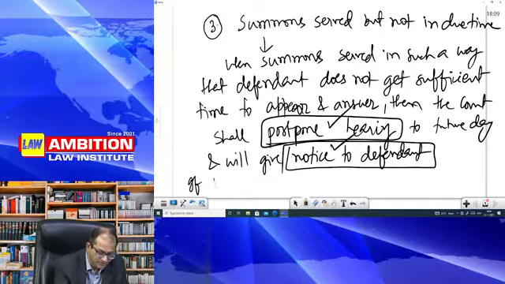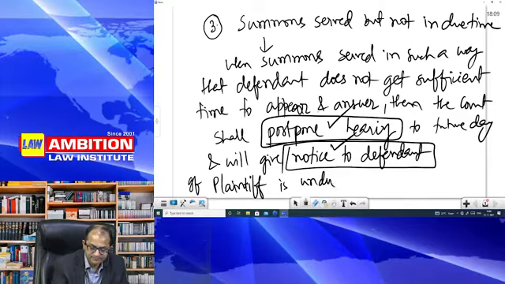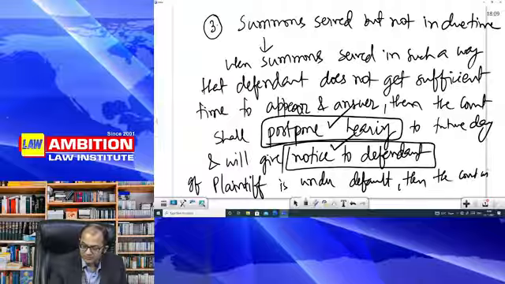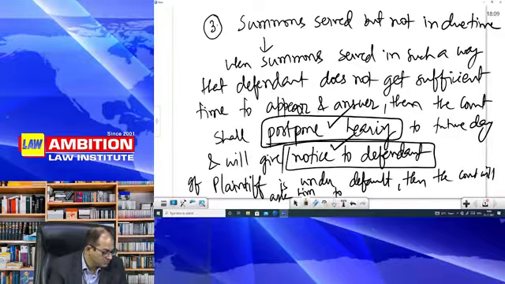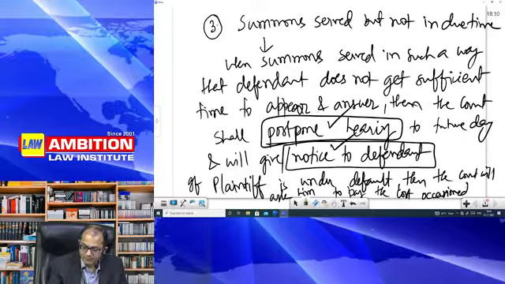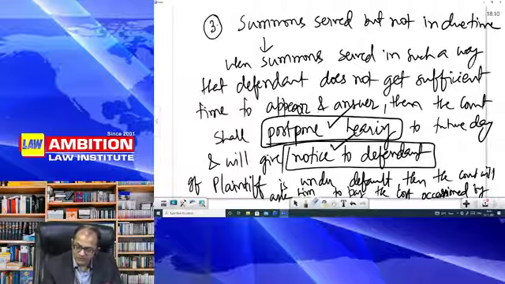So sub rule 2 says if the plaintiff is under default, then the court will ask him to pay the cost occasioned by postponement. Pay the cost. Stop here.